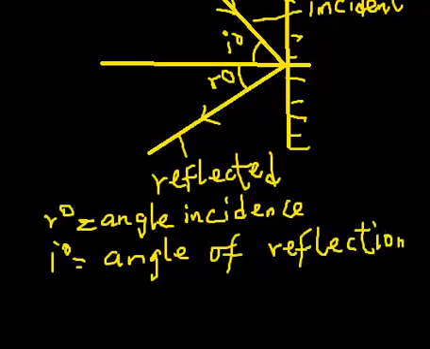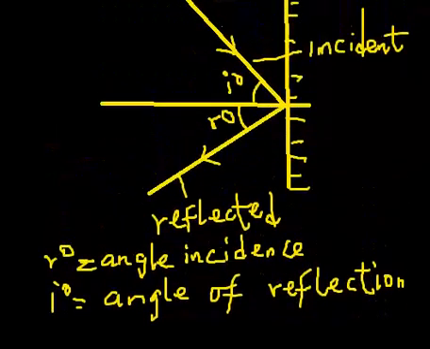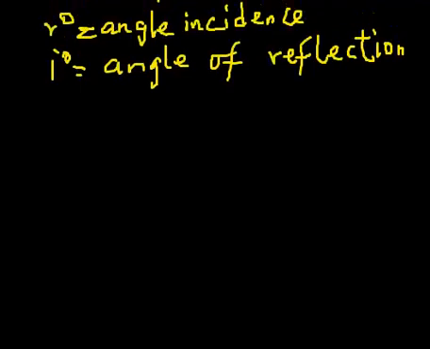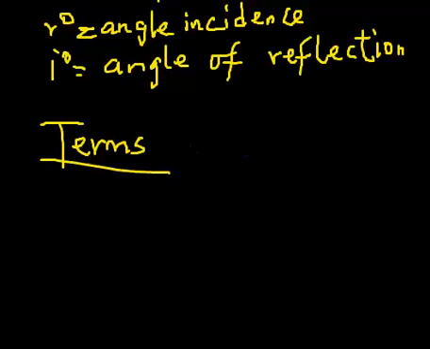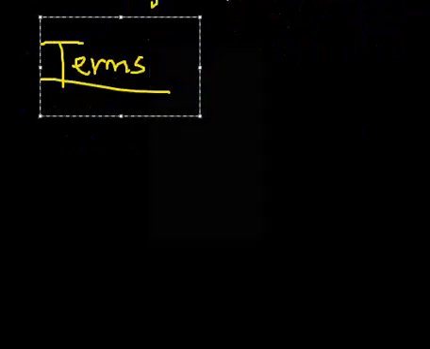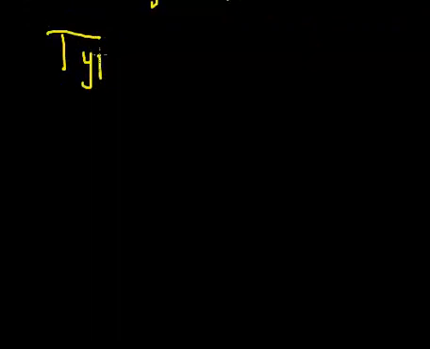Okay, so now we will look at the terms, the important terms you need to understand when it comes to the reflection of light. But before then, let's look at types of reflection.